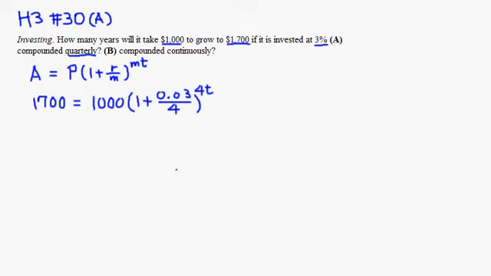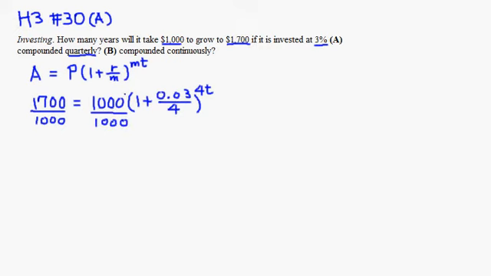Now we have to isolate time T. The first thing we do is try to get rid of 1000. So I'm going to divide both sides by 1000.